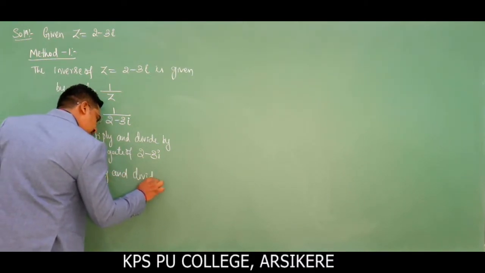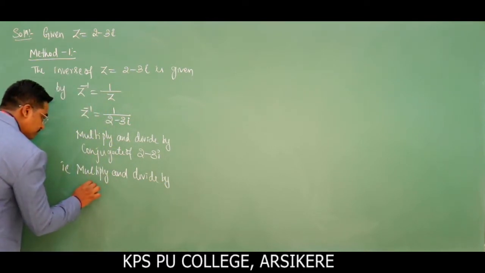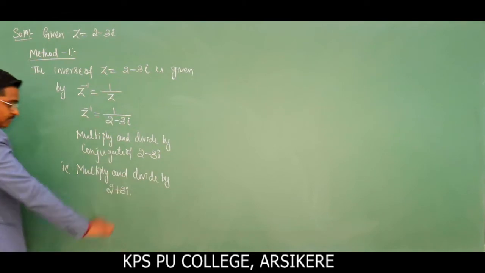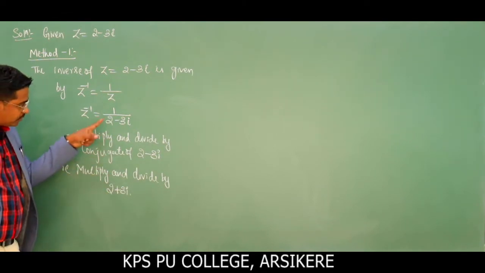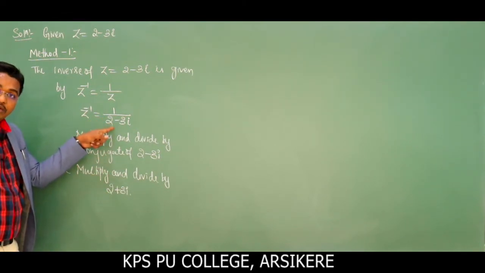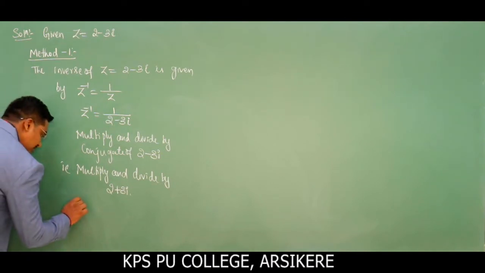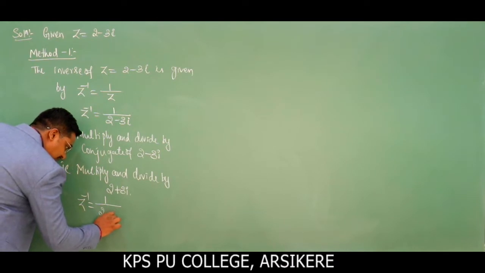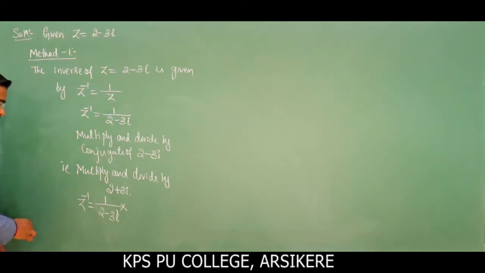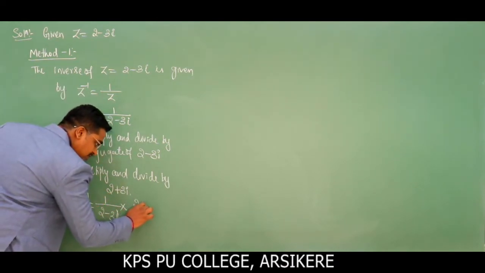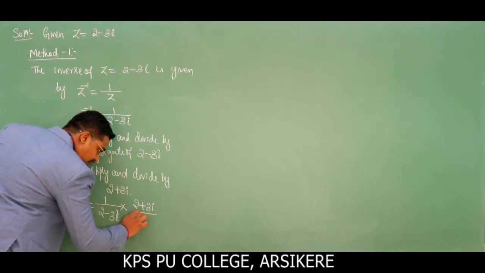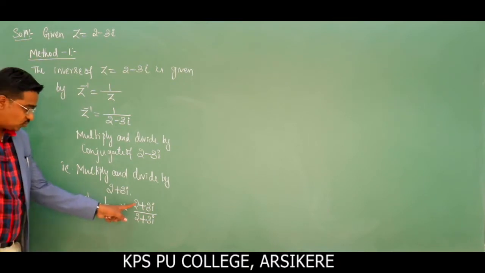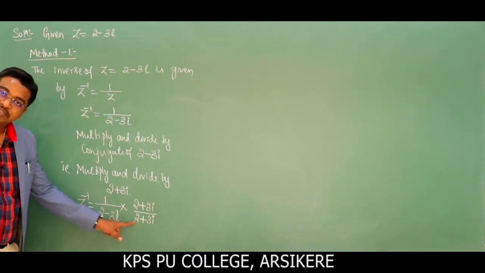The conjugate, 2 plus 3i. We multiply and divide by the conjugate of the denominator, 2 plus 3i. So z inverse becomes 1 over 2 minus 3i as it is, multiplied and divided by 2 plus 3i divided by 2 plus 3i.